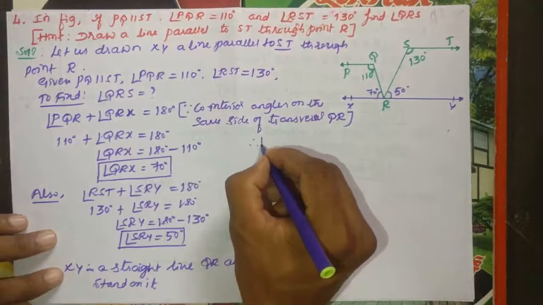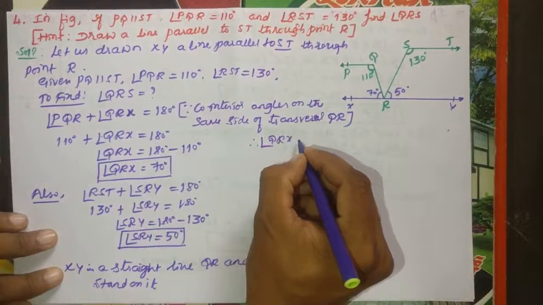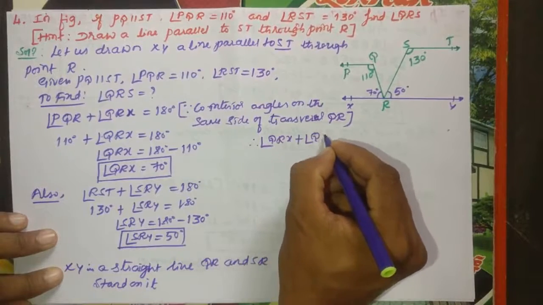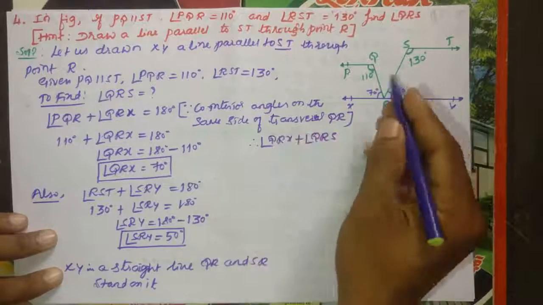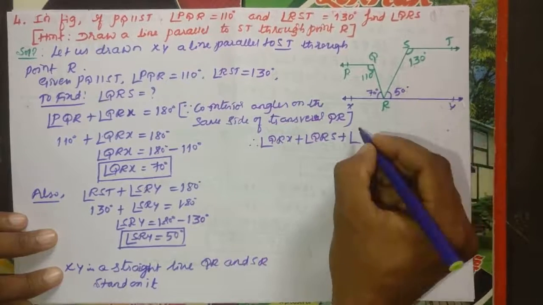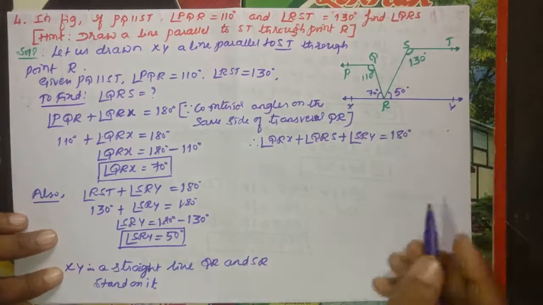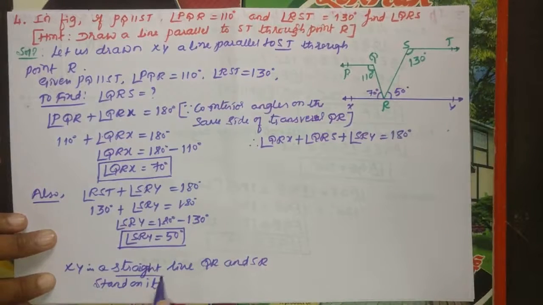Therefore angle QRX plus angle QRS plus angle SRY is equal to 180 degrees, because XY is a straight line and QR and SR stand on it.